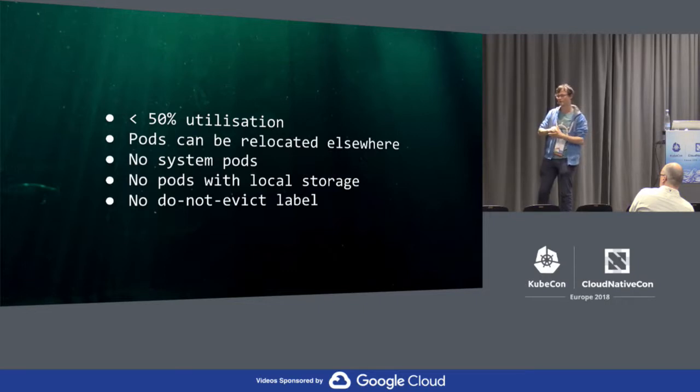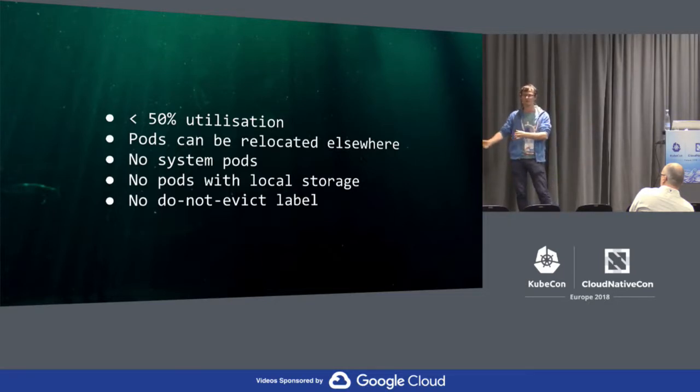So basically for each pod, once again, we use scheduler code, and we try to figure out if it could be scheduled on any of the other nodes. And then there are some pods we don't like to restart because maybe they have local storage, so there would be some state that you would lose. We also don't restart kube-system pods because we really don't want to restart stuff like DNS or Heapster, because this will potentially cause disruptions to your service. And finally, we let our users opt out: add an annotation to the pod saying this pod cannot be evicted.